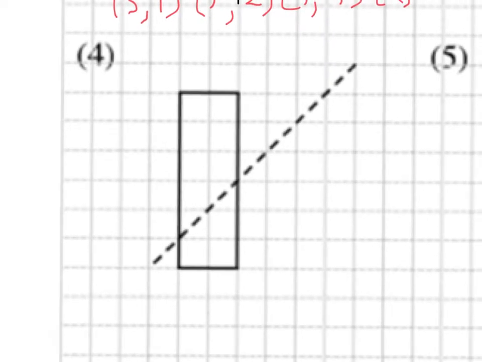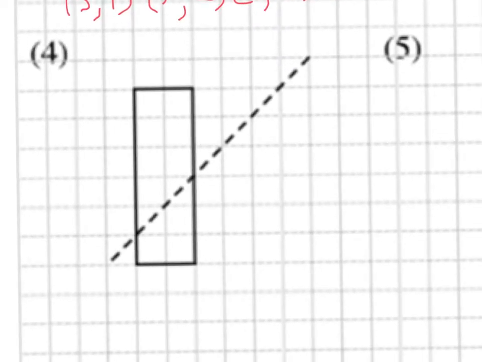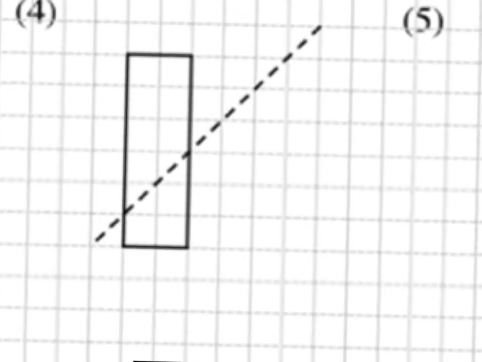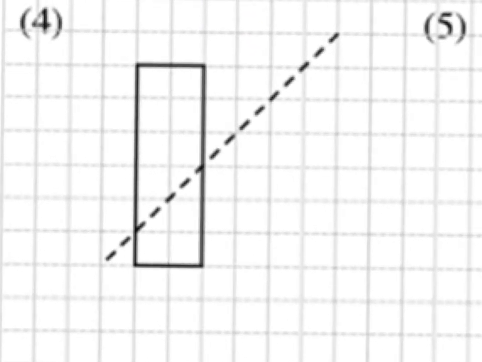Number 4. Now this one doesn't have an x or y axis, so another way we could do this, besides using the rules for reflection, we could see that we're going to reflect each of these 4 points across this line.